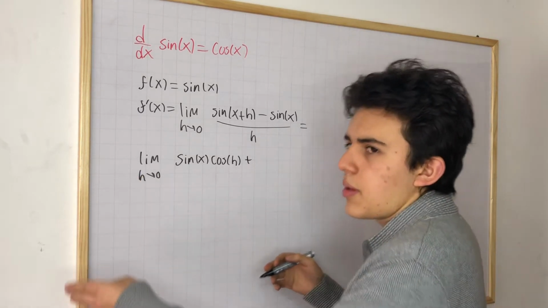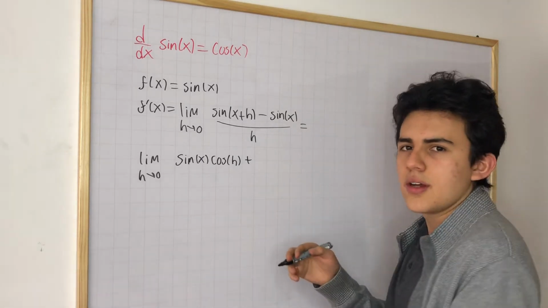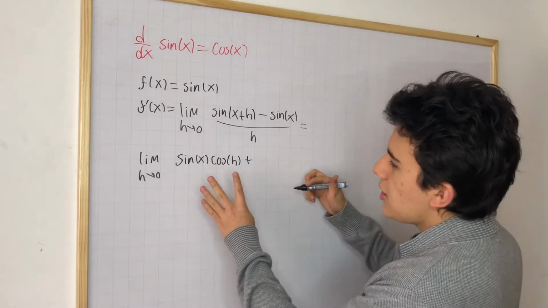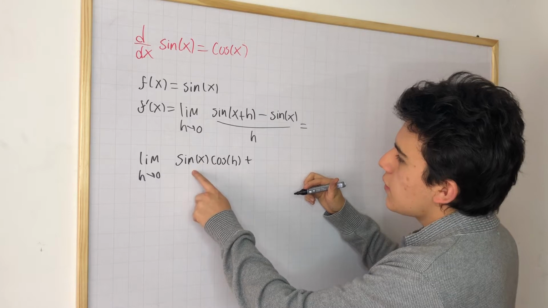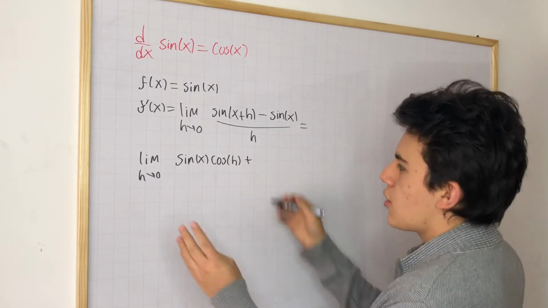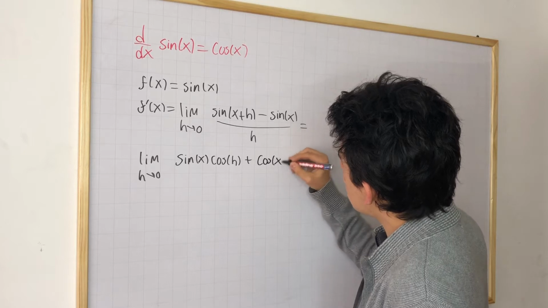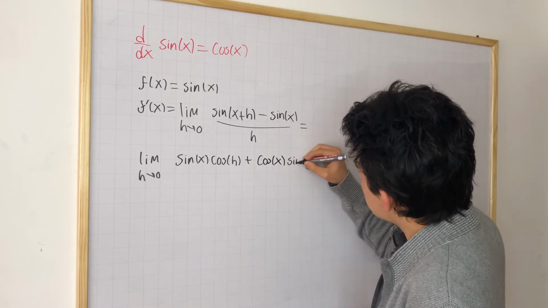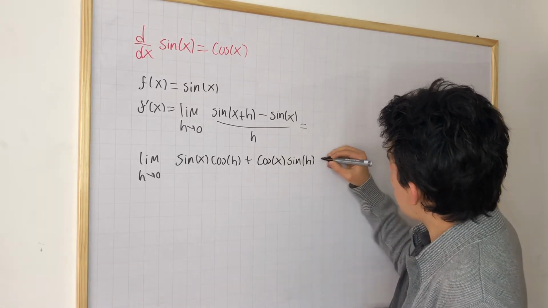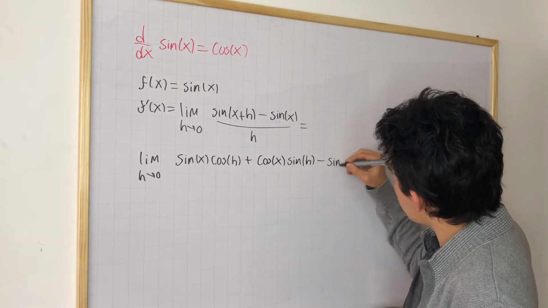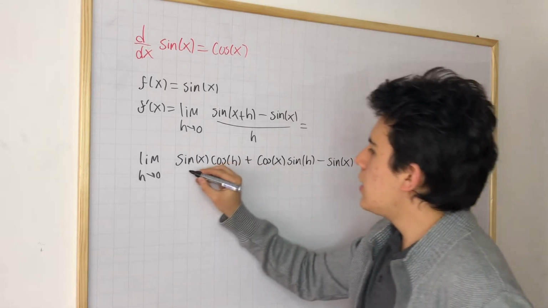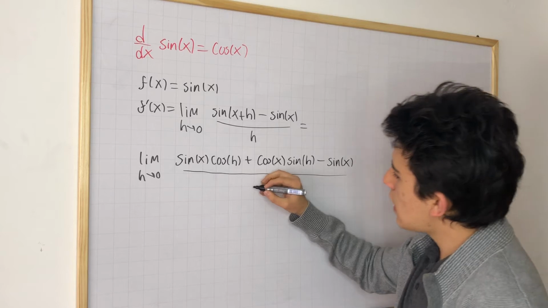You're going to take the derivative of one and then switch it. So in this case, we took sine of x and then cosine of h. Now you're going to switch it. You're going to take cosine of x times sine of h minus sine of x, okay? And this big thing is just going to be divided by h.